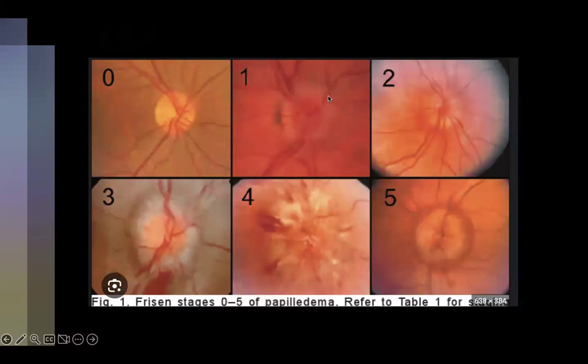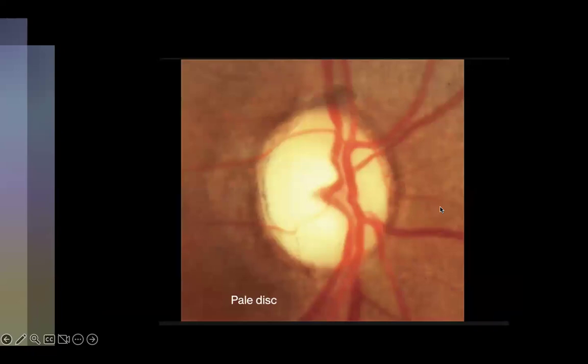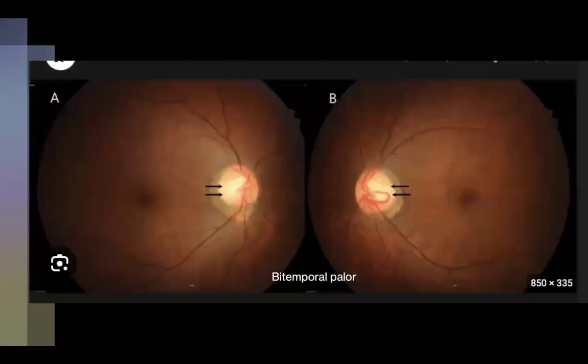This is normal. There's slight disc edema here. Mild, moderate. This is severe. And this is the settling phase. After settling, after many months, you get a complete pale disc like this. You can observe this even with the direct ophthalmoscope.